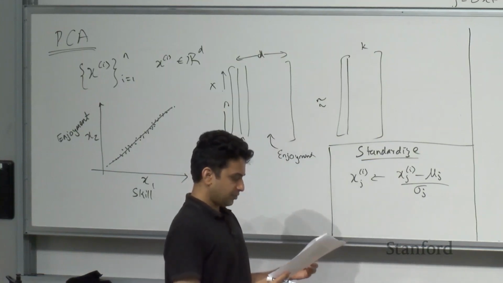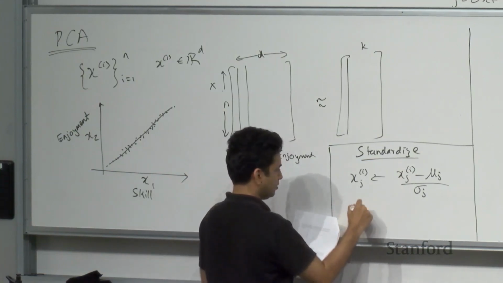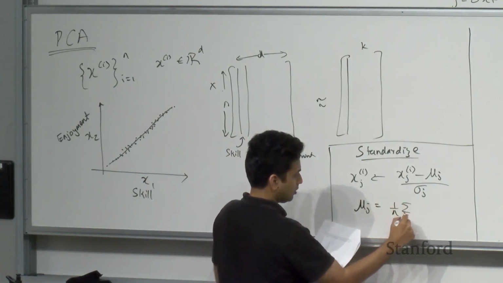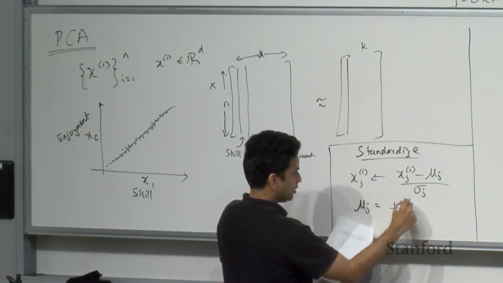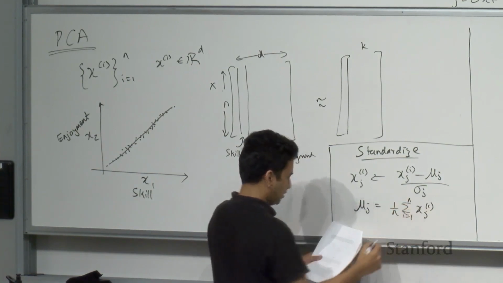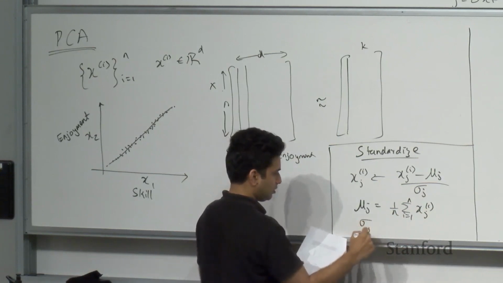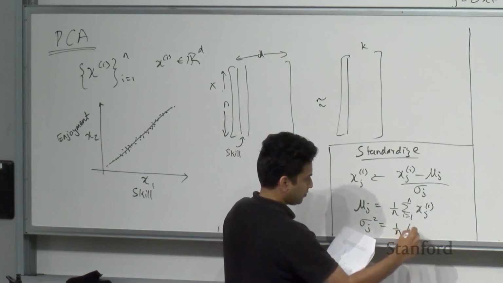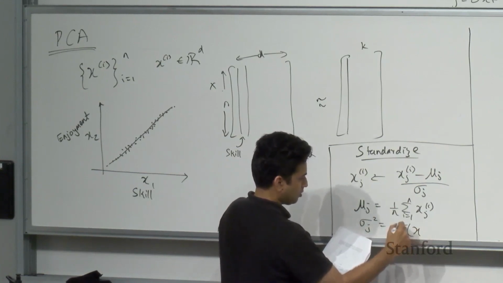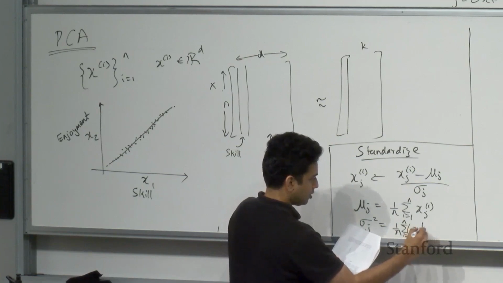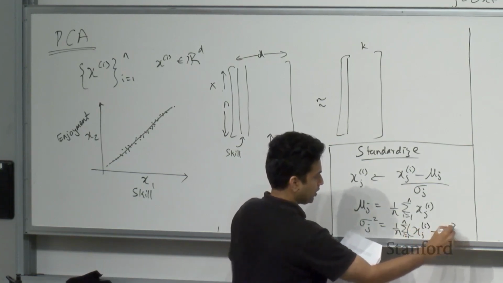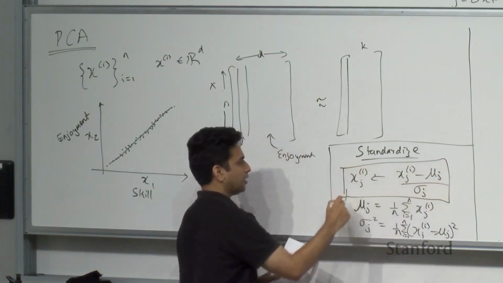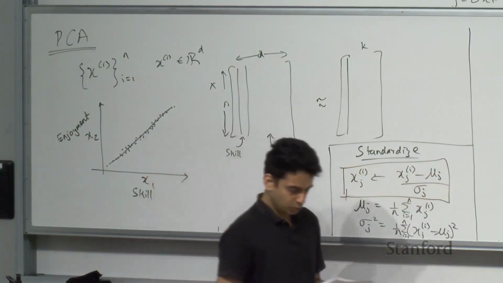Here mu_j is 1 over n, sum over i equals 1 through n of x_ji, and sigma_j squared is 1 over n, sum over i equals 1 to n of (x_ji minus mu_j) squared. So the first thing is we want to standardize our data set to have mean 0 and standard deviation 1.